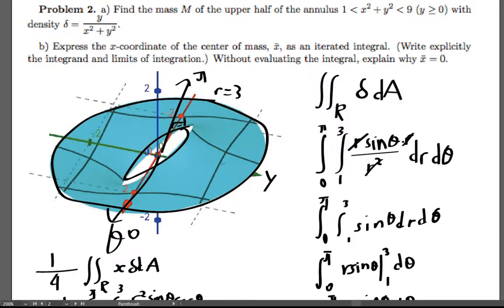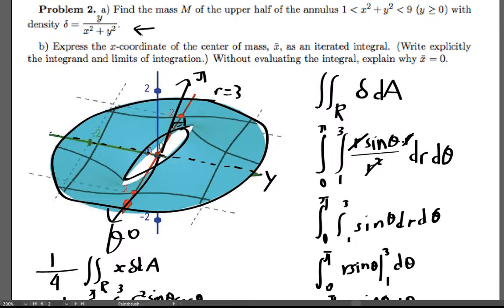And here's the reason. This region is symmetrical about the y-axis. How do you know it's symmetrical? You can just plug in x and negative x, and the same thing comes out when you put it inside this density function.